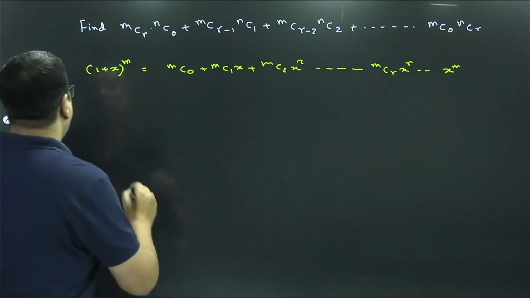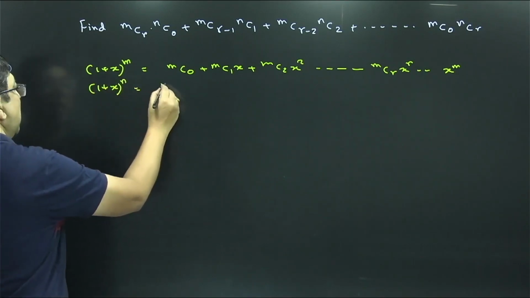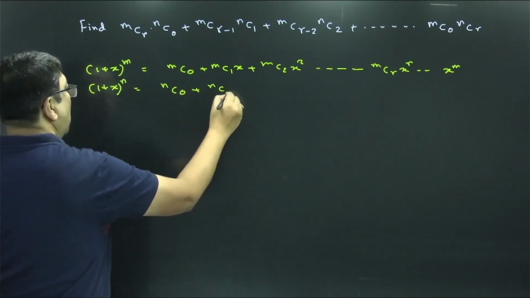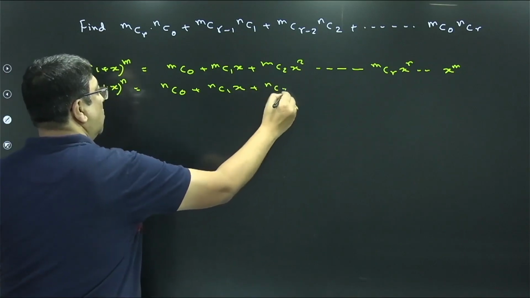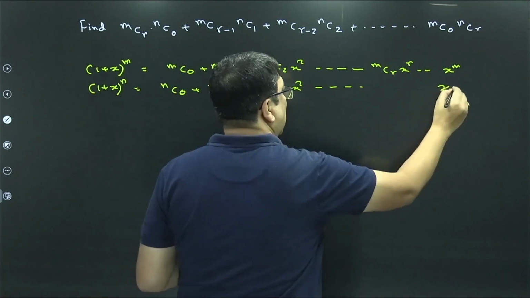And if we take another series (1 + x)^n, we are getting nC0 + nC1 x + nC2 x² + ... and finally x^n.